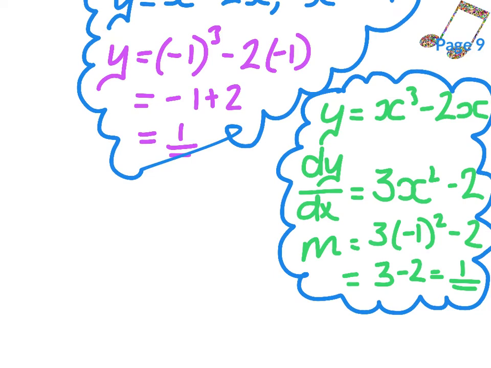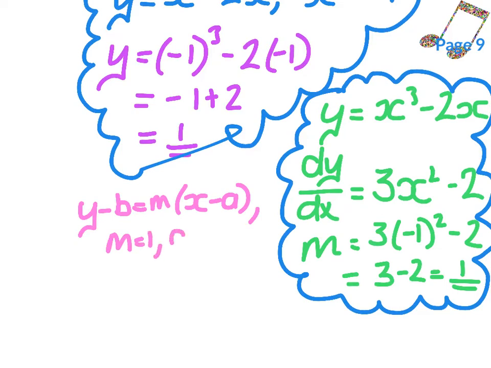So now we've got all the information we need, we can go to our straight line equation. y minus b equals m(x minus a). And we're just going to remind ourselves what we're substituting in here. So I've got m equals 1, a is negative 1 because that's the x coordinate, and b is positive 1 because that's the y coordinate.